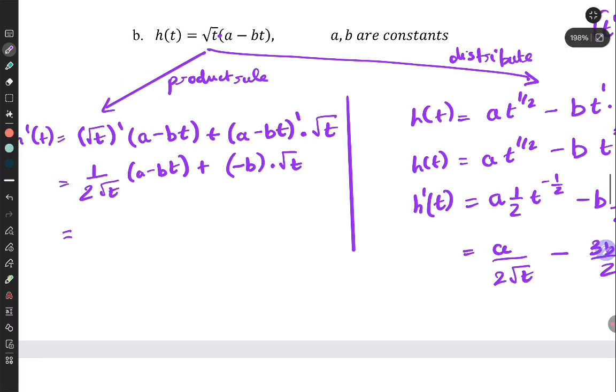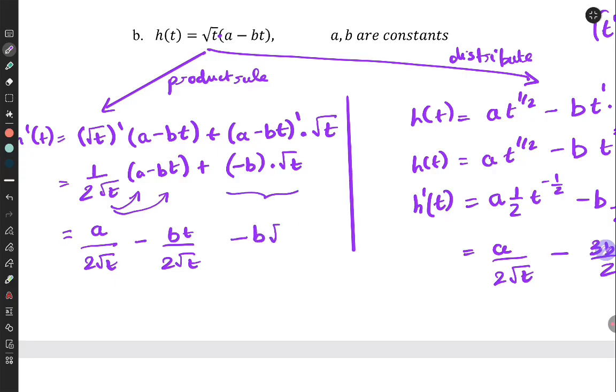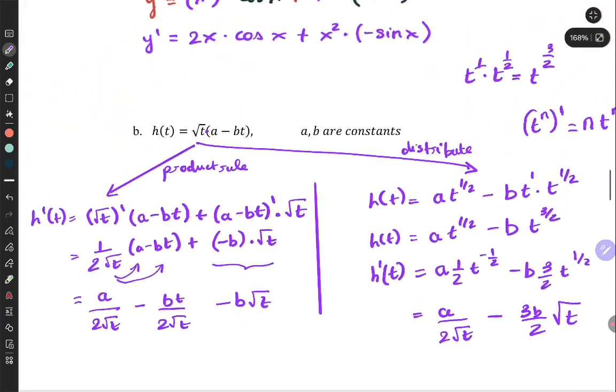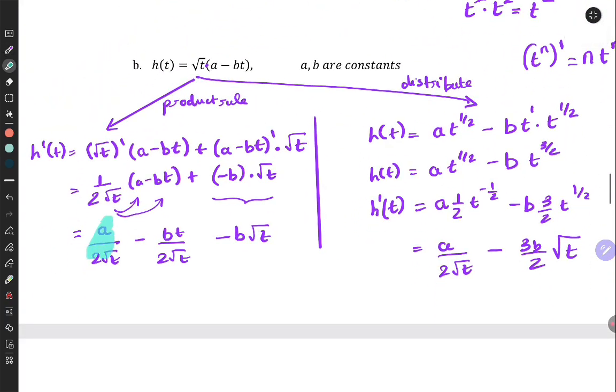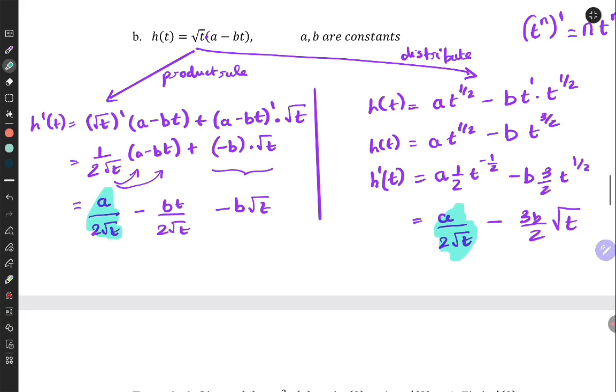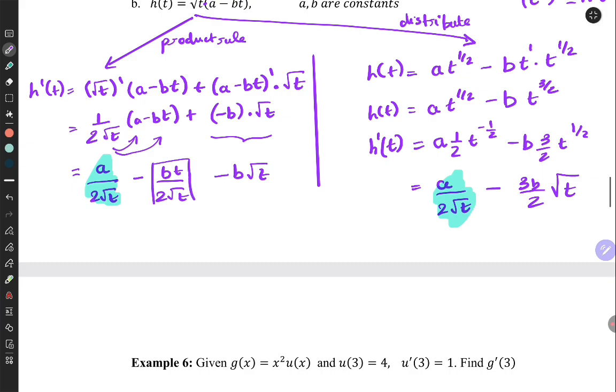A lot of confusing eyes, huh? Okay, just distribute. Drop down. This term match this term. So I'm not going to worry about that. Look at the b, the term with the b. Ooh, what's that? I see t in the top.